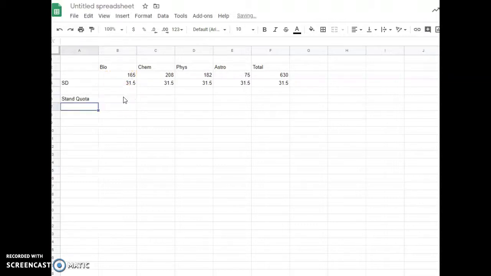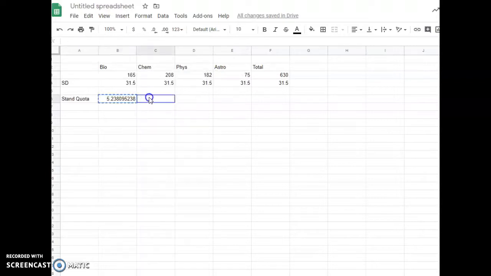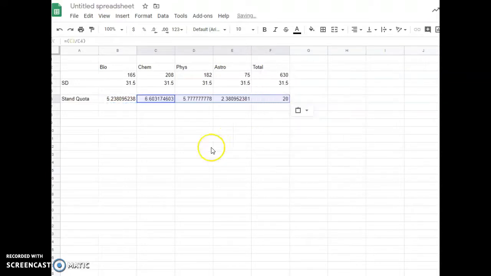And we hit enter, and it'll automatically do that. Now, if we type it in, notice what it did. It said B3 divided by B2. So it was that number divided by that number. The reason that's helpful is if you want to do copy, it's not copying that number, it's copying the formula. And then we're going to paste it. And that's why it ends up making all these the same.